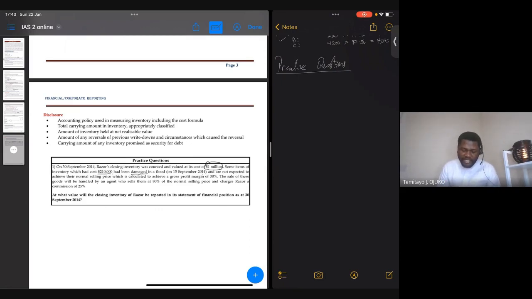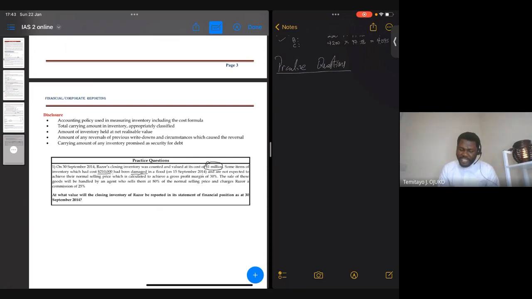Right? The sales of these goods will be handled by an agent because it has been damaged. You now feel like, oh, let's give it out to an agent that can help us, that understand people, that understand the market, that can help us speak to the people in the market. Right? Now, the sale of these goods will be handled by an agent who sells them at 80% of the normal selling price.